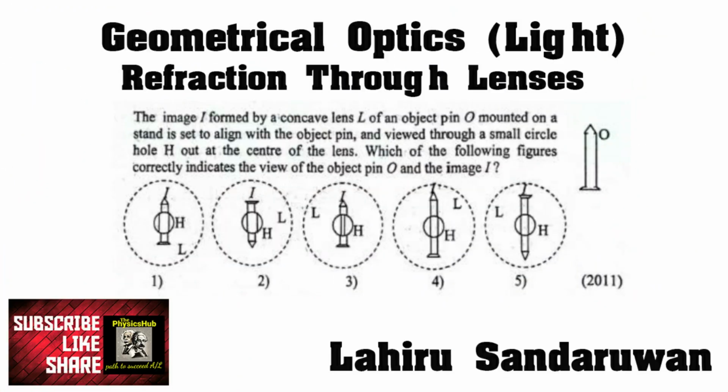The image I formed by a concave lens of an object pin O mounted on a stand is said to align with the object pin and viewed through a small circular hole H cut at the center of the lens. Which of the following figures correctly indicates the view of the object pin and its image? There is a concave lens.